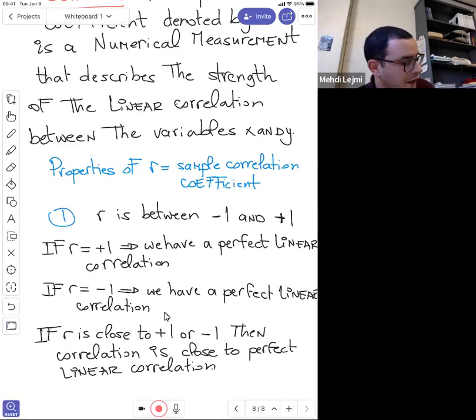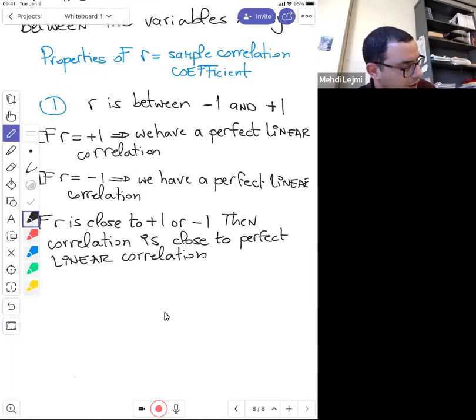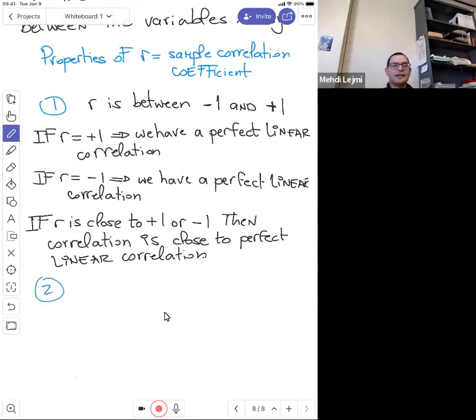So this is when R is +1 or -1, or very close to +1 or -1.